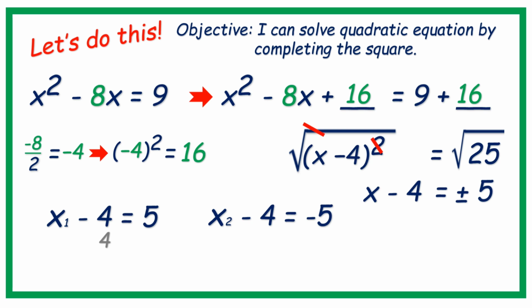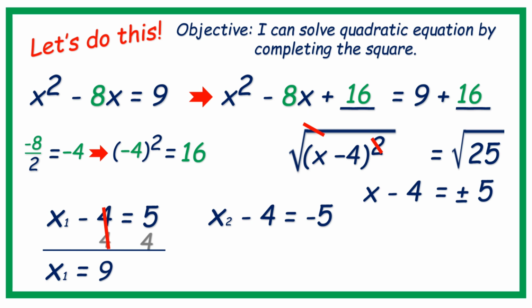Okay, again, when you add 4 on the left side, you also need to add 4 on the right side. So negative 4 plus 4, that cancels, leaving our x, or the variable, isolated. Then the answer, 5 plus 4, 9. Just like that.